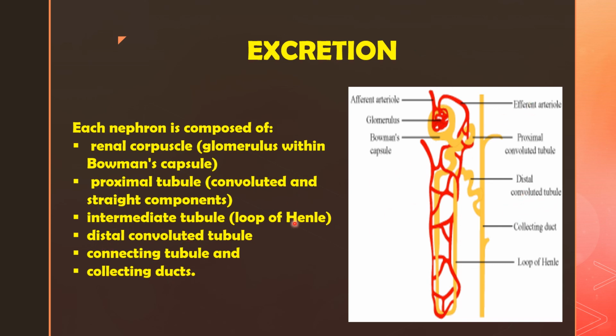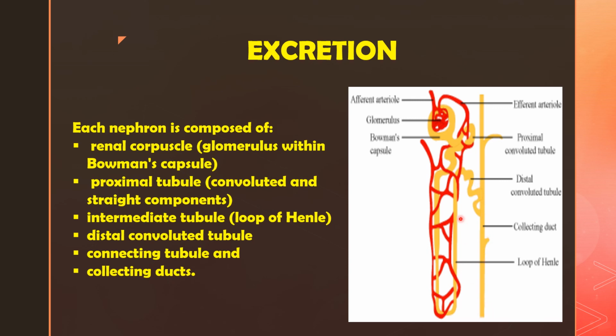But in between, the intermediate tubule, the loop of Henle, is situated. That is this one, this loop of Henle. Henle was a scientist. And the last one is the connecting tubule and collecting ducts. This is the connecting tubules and this is the collecting duct.